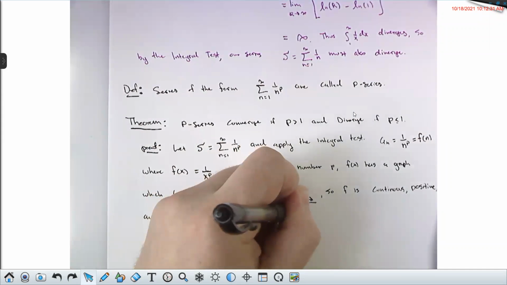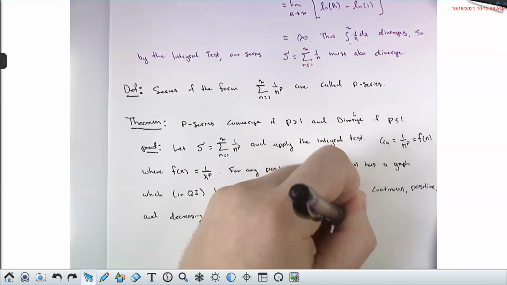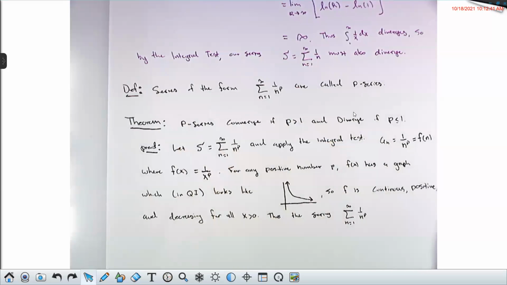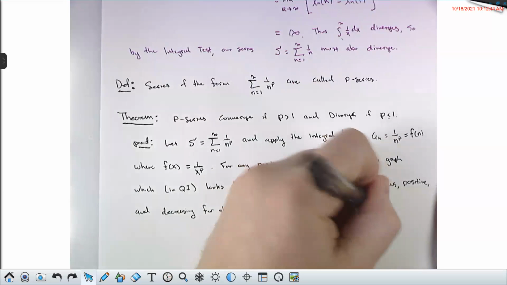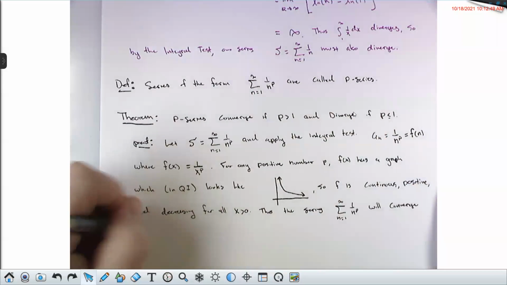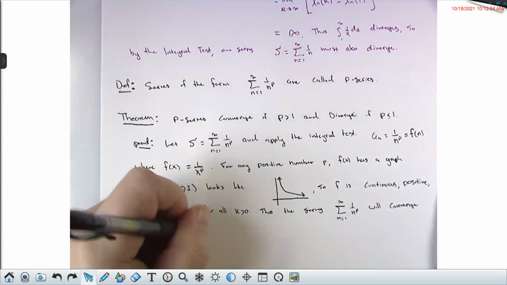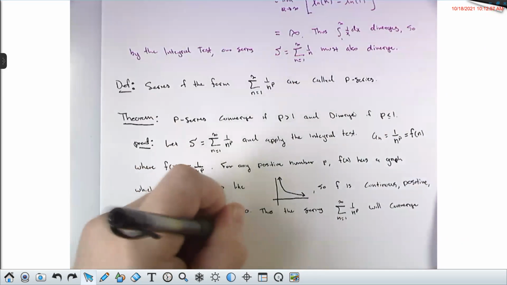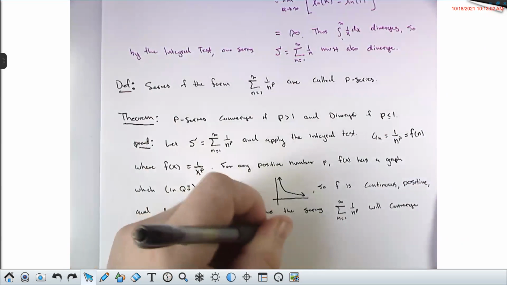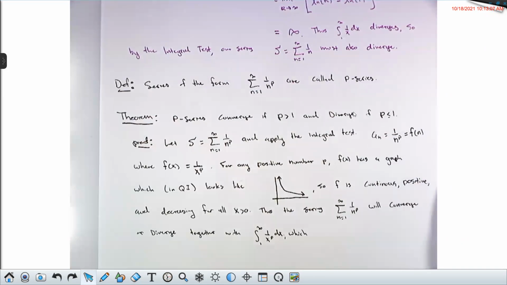Thus, the series sigma n from 1 to infinity, 1 over n to the p, will converge or diverge together with the integral from 1 to infinity, 1 over x to the p dx, which is a p integral.